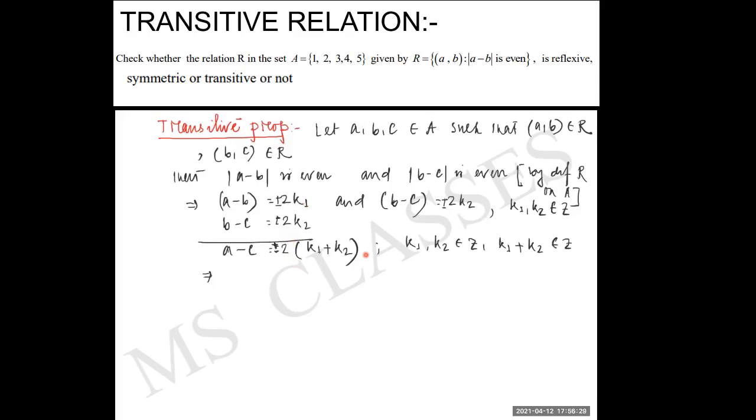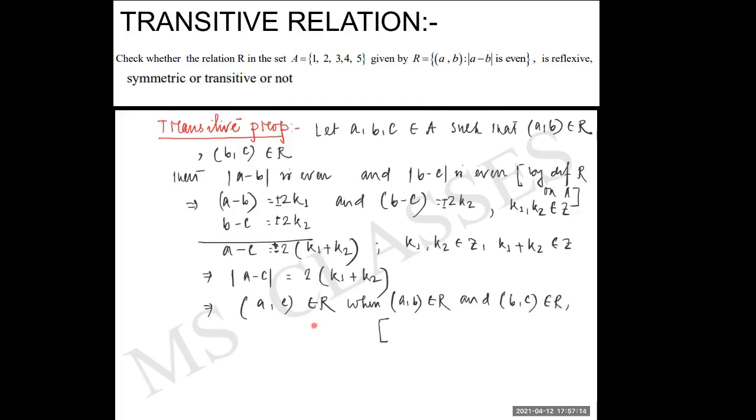Now from this you can write mod of A minus C equal to 2 times (K1 plus K2). So you can say (A, C) belongs to R when (A, B) belongs to R and (B, C) belongs to R. Write it down: by definition of R on A. After that, you can write therefore R is transitive on A.